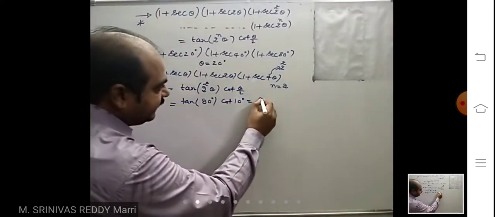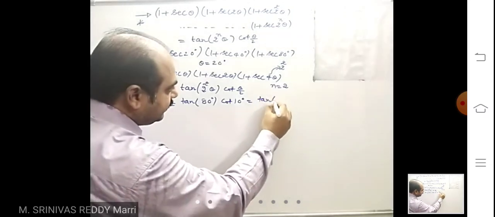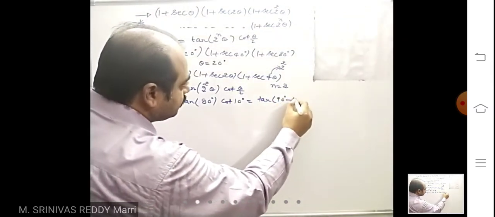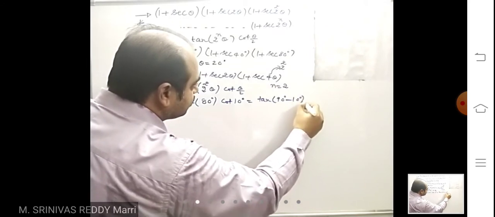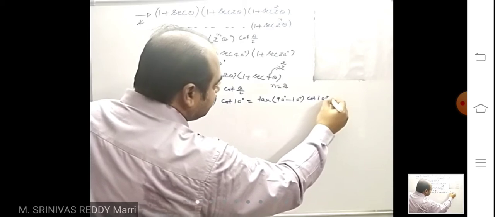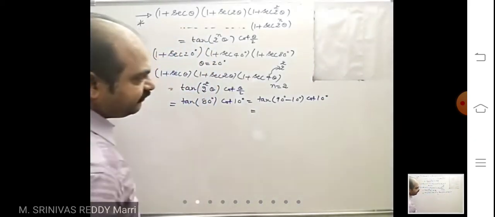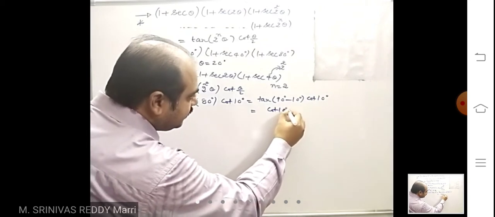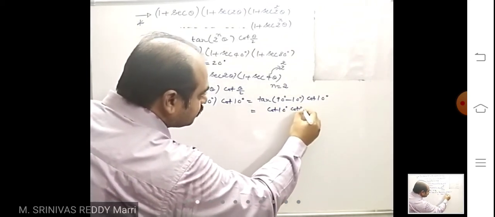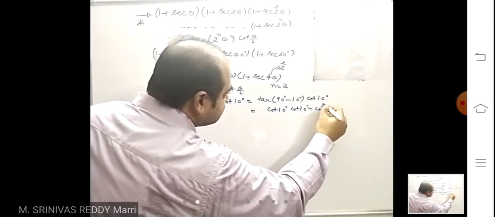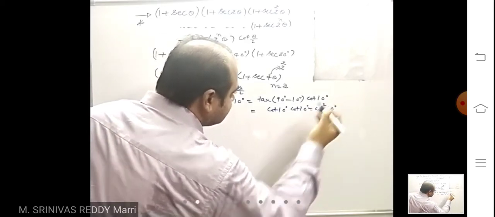So now tan 80 is nothing but 90 degree minus 10 degree, into cot 10 degree. That means tan of 90 minus 10, you can write it as cot 10 degree, into cot 10 degree. That means cot square 10 degree is the answer.